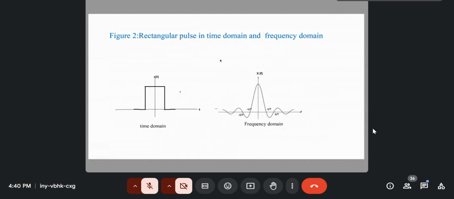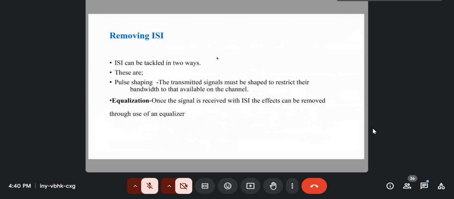So what we try to look for is actually what we call pulse shaping. Because originally your pulse is a rectangle. You want to move away from the rectangle because it will give us a sinc spectrum. So you do pulse shaping.